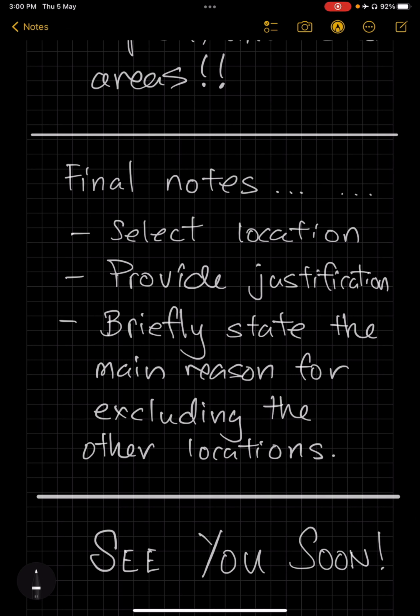So what are we looking for now then? Finally, after you select the location, you need to remember, you need to provide justification why this is most ideal. What does it have, or rather, how is it unblocked? Compare with the exclusion reasons for the other locations. So compare to C, compare to D, compare to A, compare to B. Why is this one particular point that you pick best?